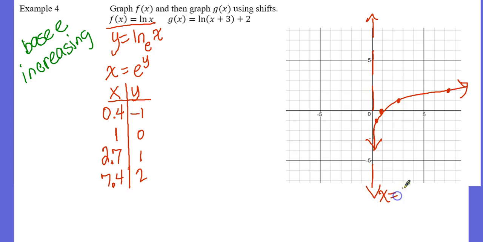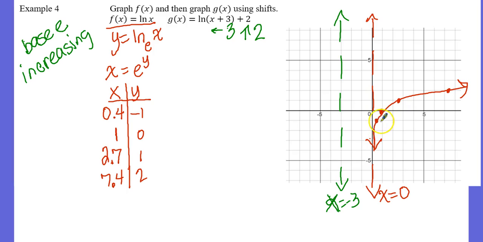Label your vertical asymptote x equals 0. We're almost done. Shifting to green pen. Horizontally, it's a shift left 3 and up 2. So shift the vertical asymptote left 3 to x equals -3.